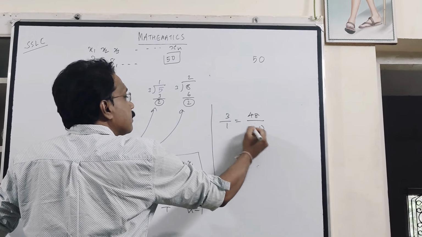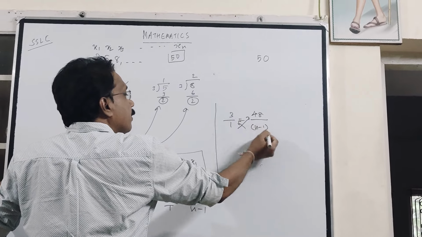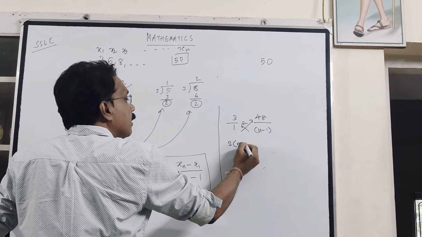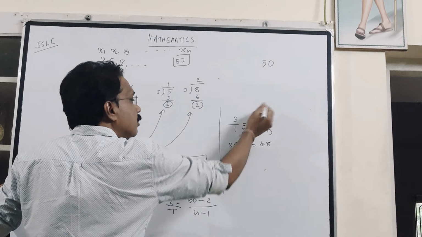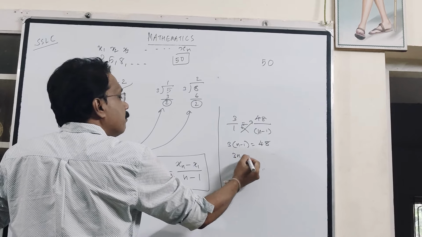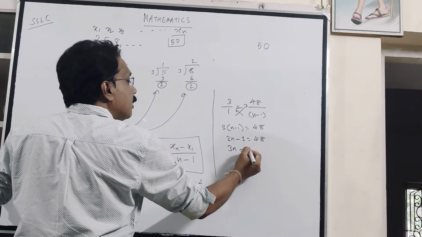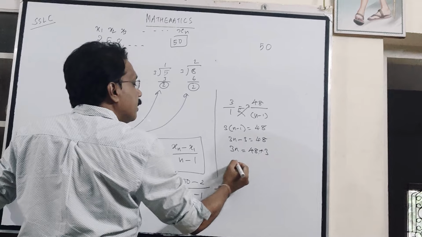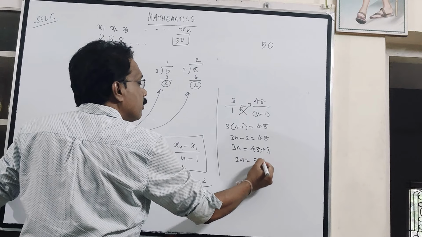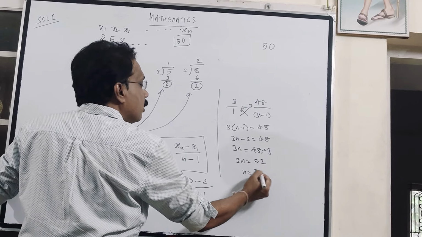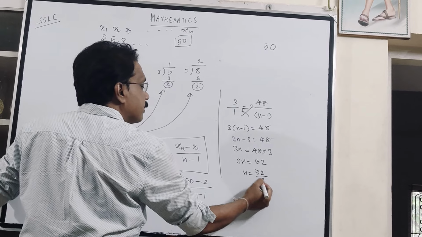Cross multiplying, 3 into n minus 1 equals 48. So 3n minus 3 equals 48. So 3n equals 48 plus 3, so 3n equals 52, so n equals 52 divided by 3.